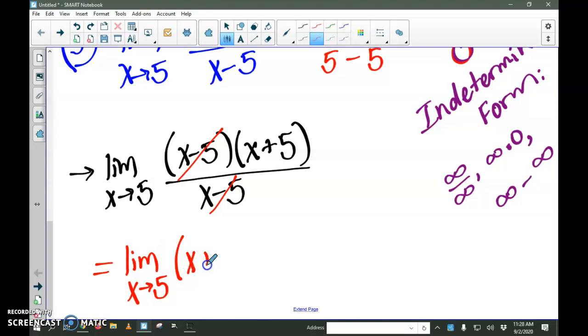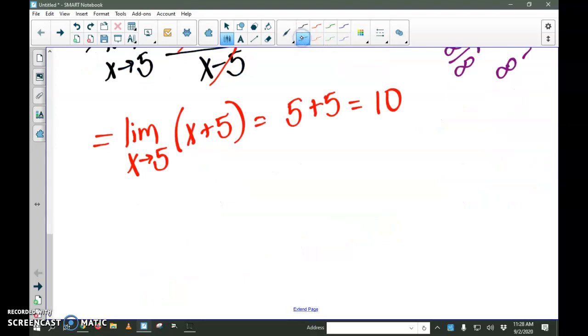I have the function x plus 5 left over. And again, if I have a binomial or more, I should put parentheses to show I'm applying the limit to both terms. Now I'm ready to substitute 5 in for x. Because I'm substituting that 5 into the function, I can drop the limit and I get 10.